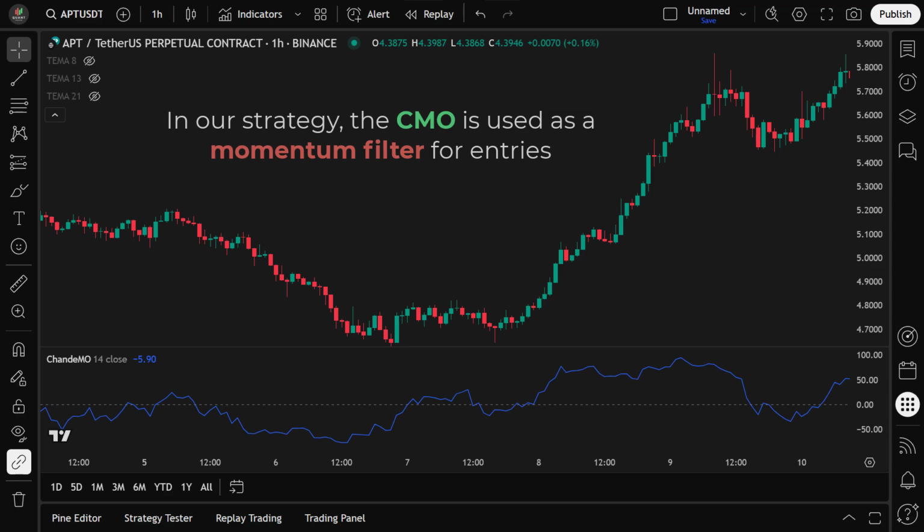In our strategy, the CMO is used as a momentum filter for entries. We only enter long positions when the CMO is above 0, confirming that upward momentum is in our favor. We only enter short positions when the CMO is below 0, indicating bearish momentum is present.